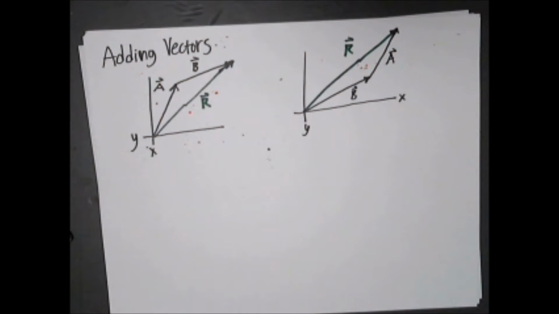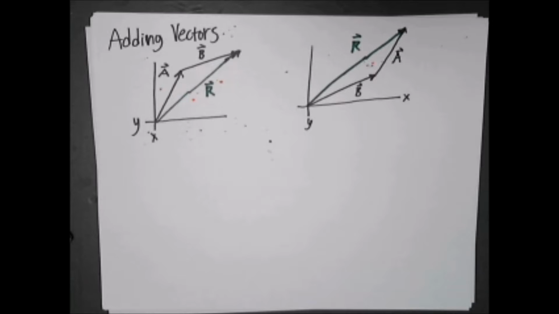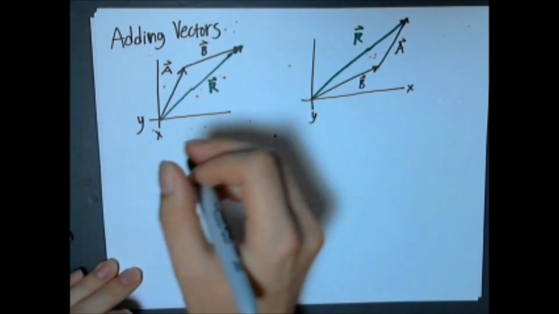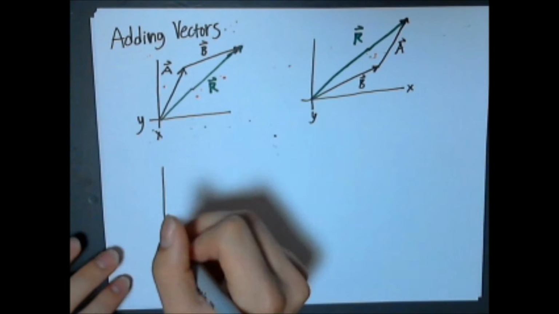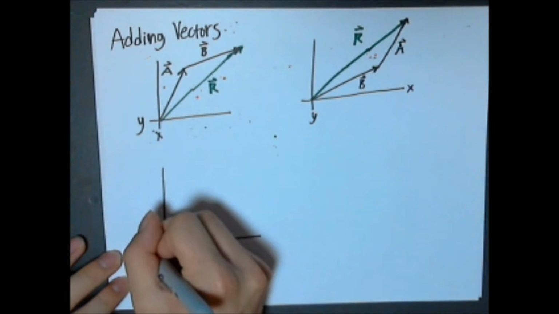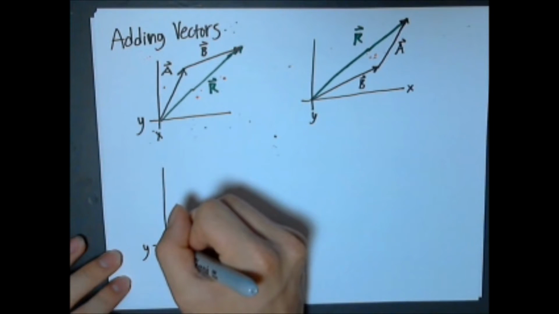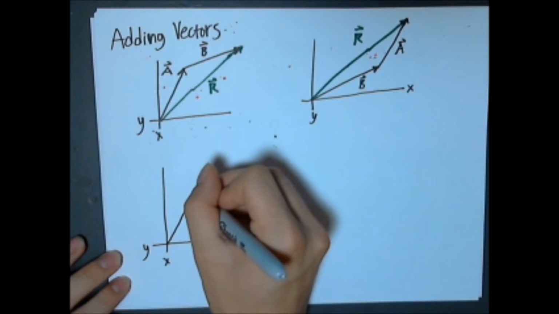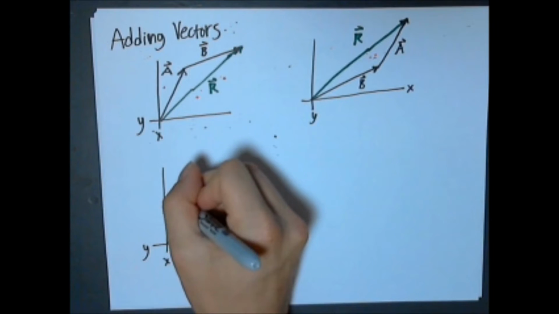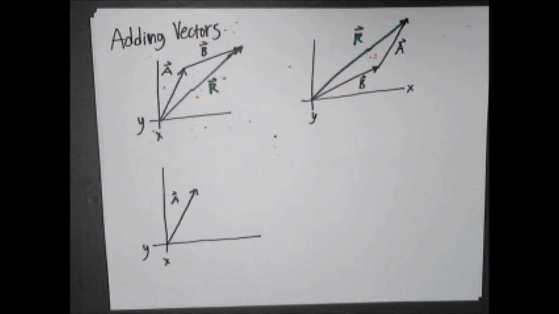So another way of looking at vectors is to do the resolution into components like we talked about earlier, but to do it for each vector. So we'll have the same example down here. Let's start with vector A. Perhaps we'll draw this one slightly bigger. So vector A we can resolve into components.